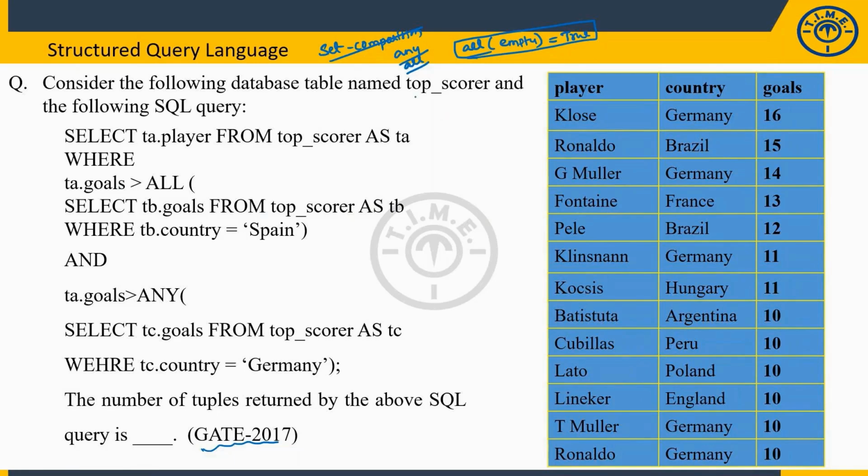ANY requires the condition to be true with at least one value, and ALL requires the condition to be true with all values in the set. Okay, condition to be true with any value; condition to be true with all values in the set. If you haven't solved this question, check with this, try.